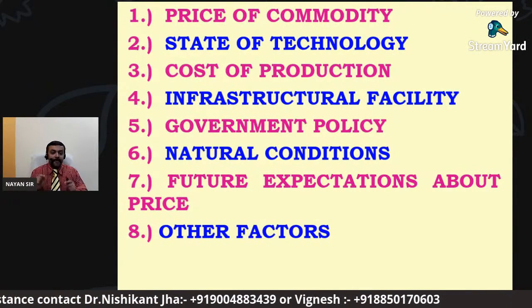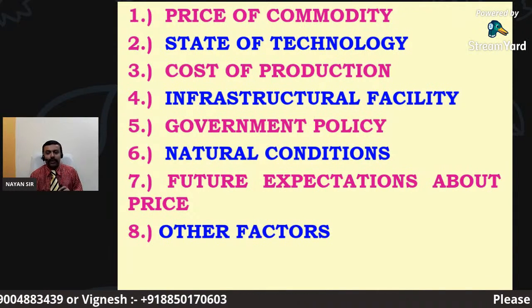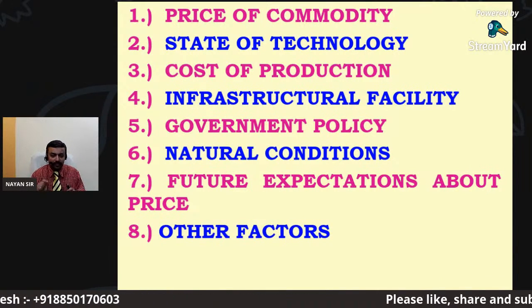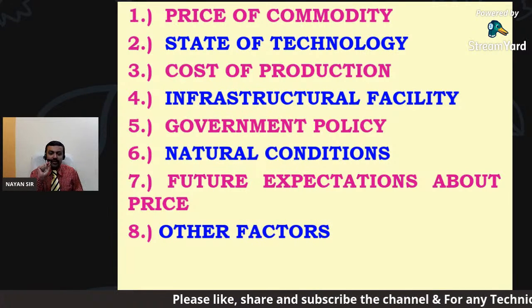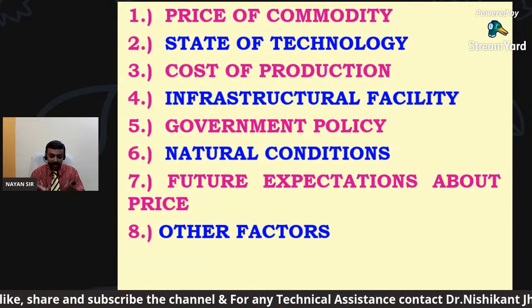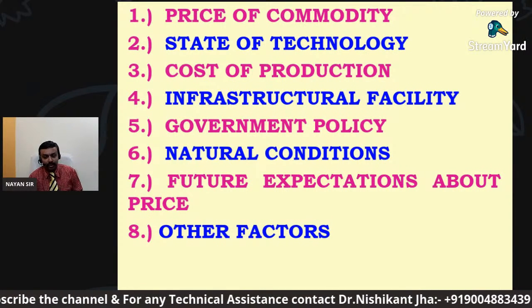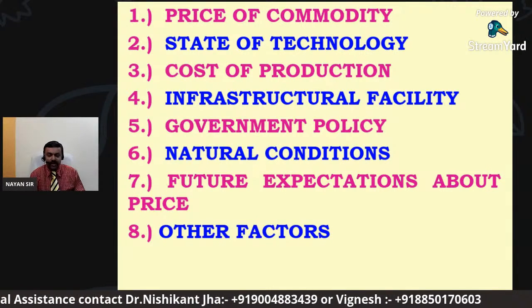Policy means plans. Favorable government policies may encourage supply, and unfavorable government policies may discourage the supply. Government policies like taxation, various industrial policies, and subsidies may encourage or discourage production and supply depending upon the government policies and measures.